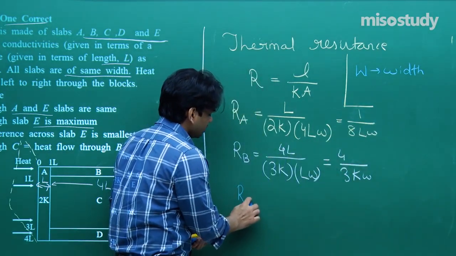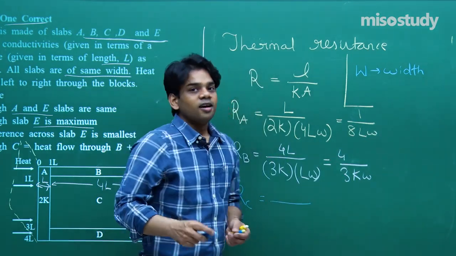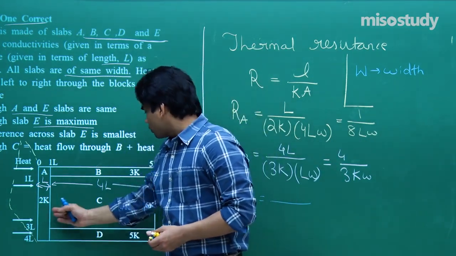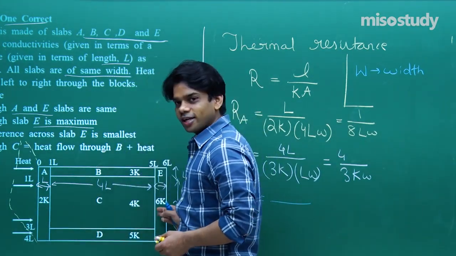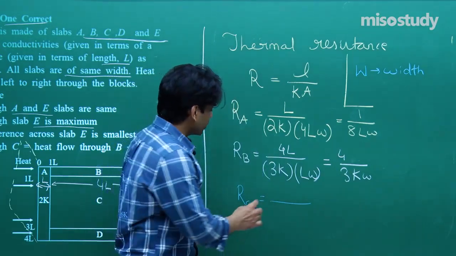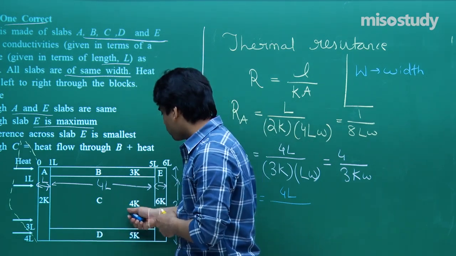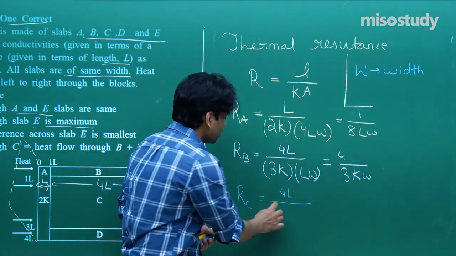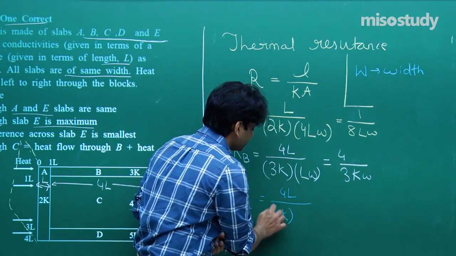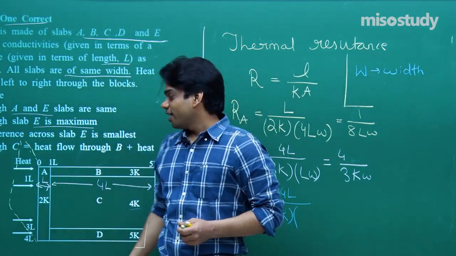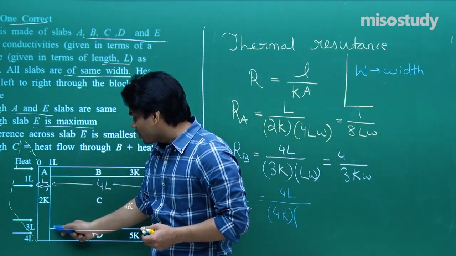Next you see RC. Length of C again will be 4L, so let's use it as 4L. K of C is given as 4K, so let me use that 4K. Now the area part, this length will be how much?